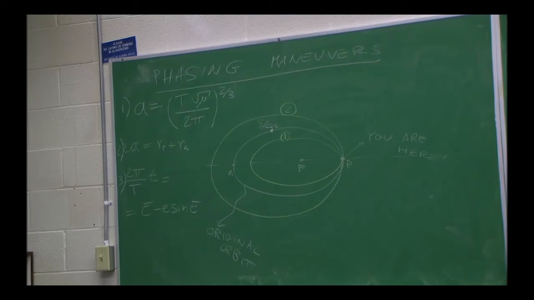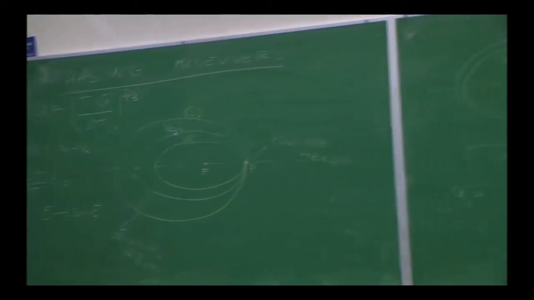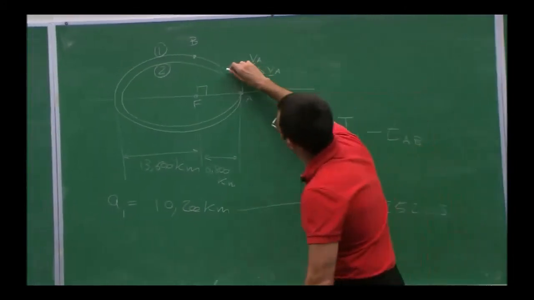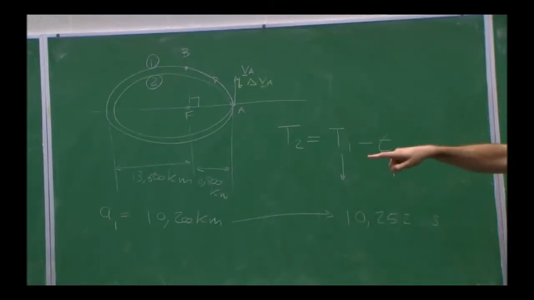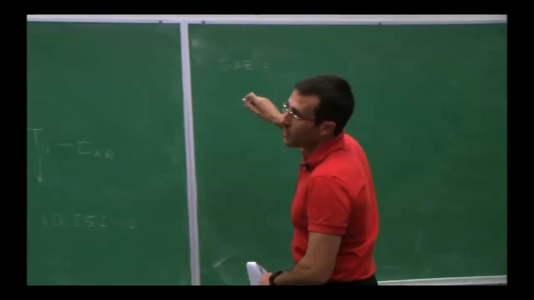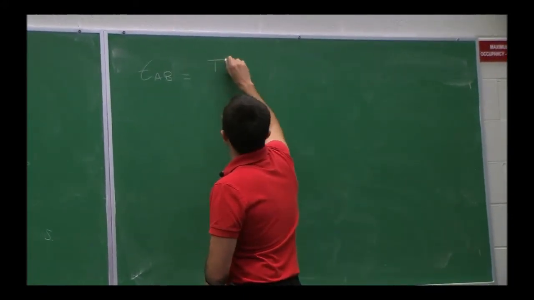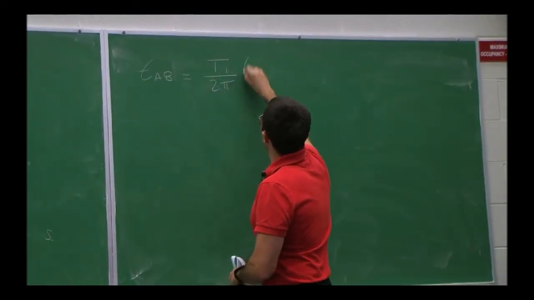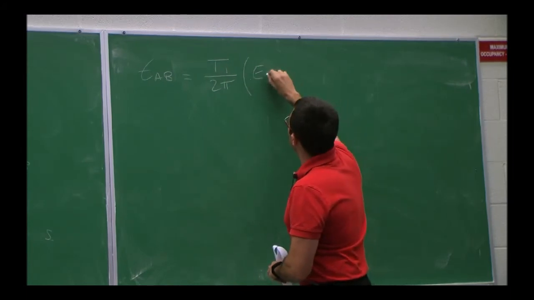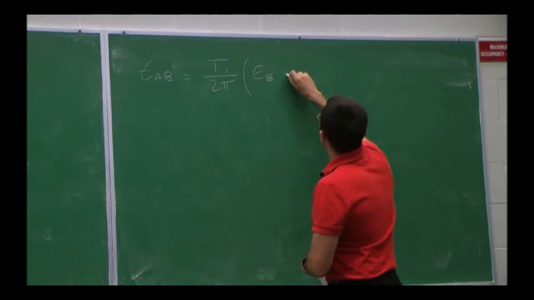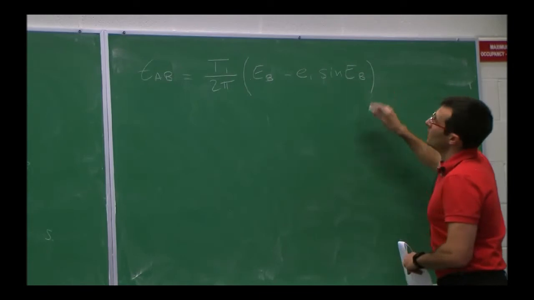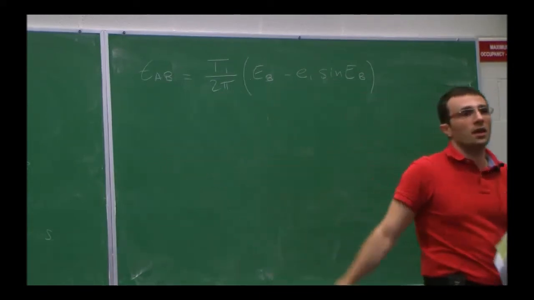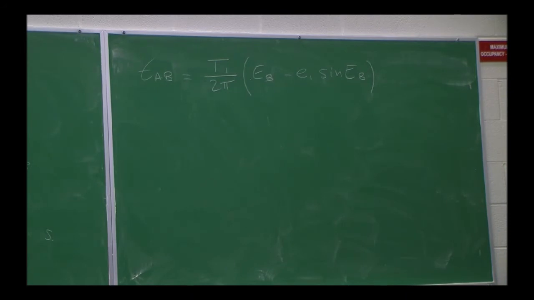The time that it takes to go from A to B on this portion of the original ellipse from the Kepler's equation is going to be equal to T1 over 2 pi times the eccentric anomaly at B minus the eccentricity of orbit 1 times sine of the eccentric anomaly at B. Remember this expression, the Kepler's equation, gives you a relationship between position and time, counting time and position from perigee.